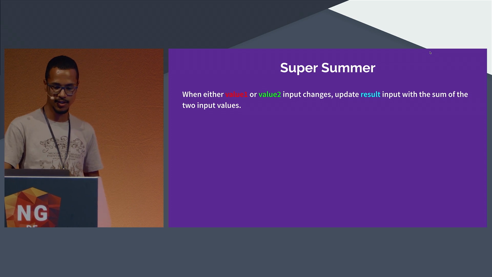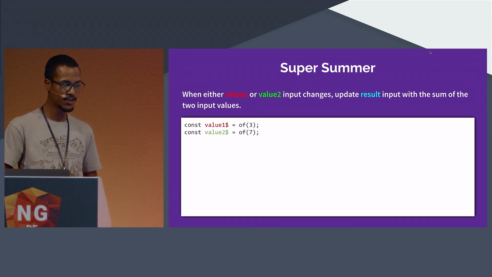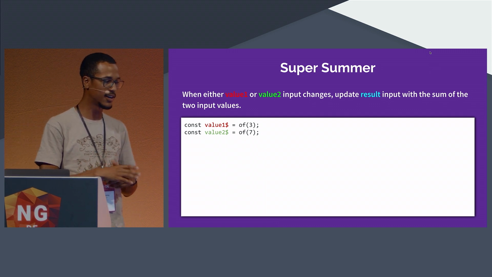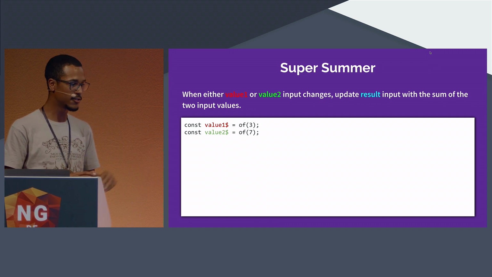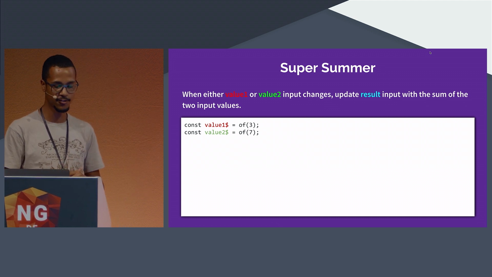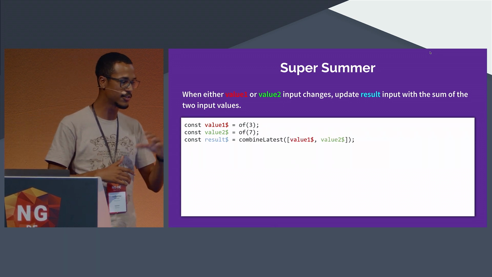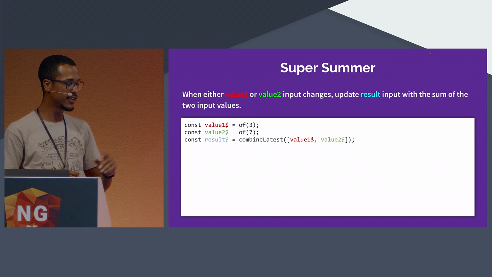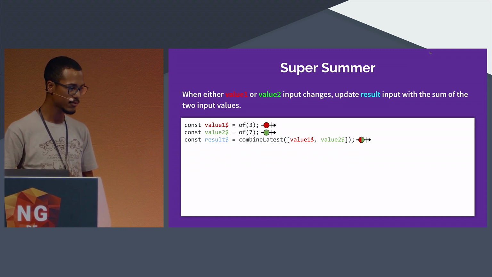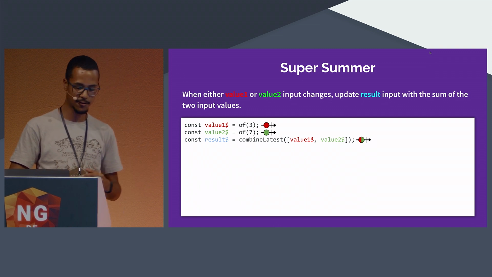Here, I will start with the very basic logic. No DOM right now. So just create two streams with two static values. So value 1 and value 2 are created, so then we can create the result stream. We are using here combineLatest, which creates another stream with those two values combined.